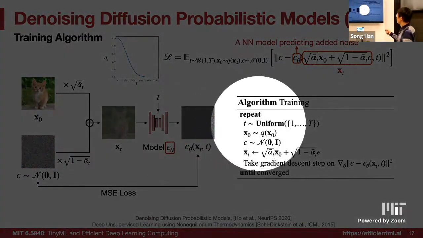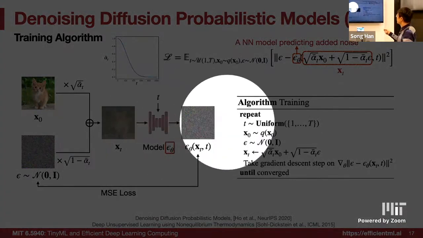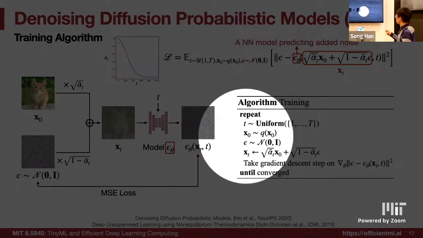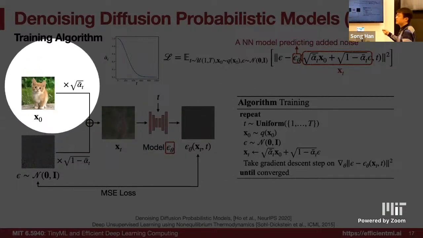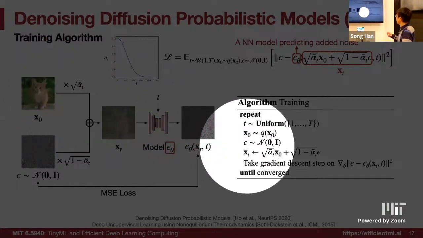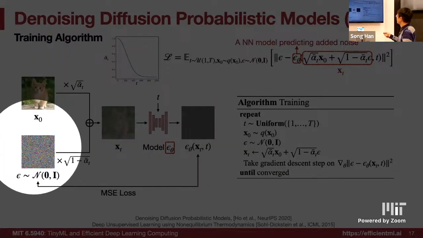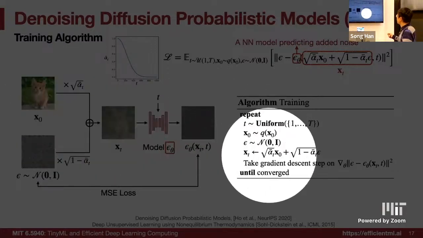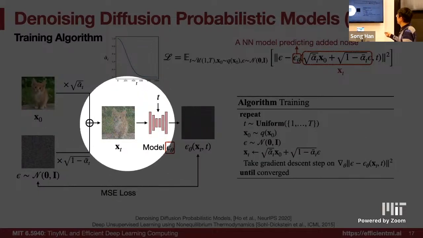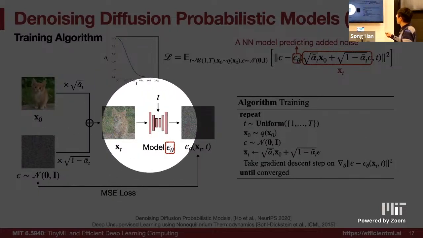So we sample a t, and then we sample x0, a sample image, maybe a cat, maybe a dog, and then we sample a noise from the Gaussian distribution, and then we add them together to get xt, and we predict the noise given xt.